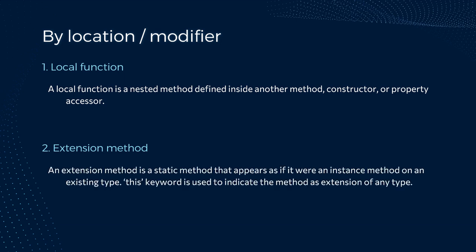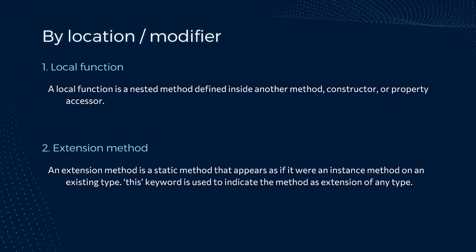And let's talk about the extension method. An extension method is a static method that appears as if it were an instance method of an existing type. We have different primitive types, for example integer, float, double, string. All these types are inbuilt, meaning the system or library has provided them.